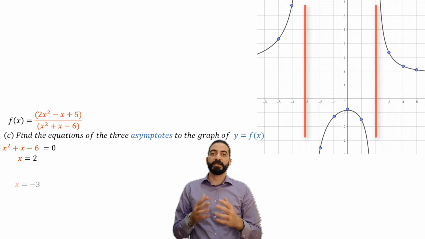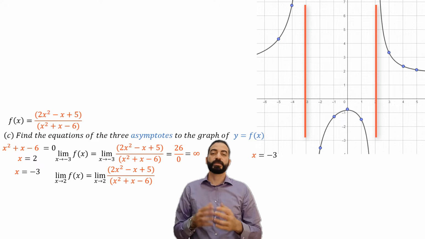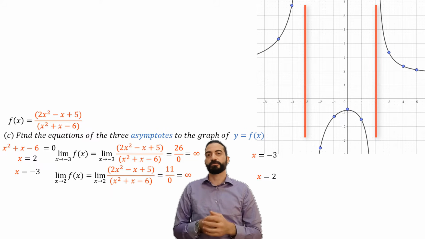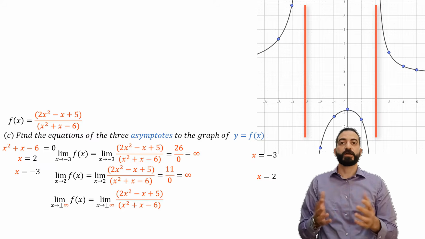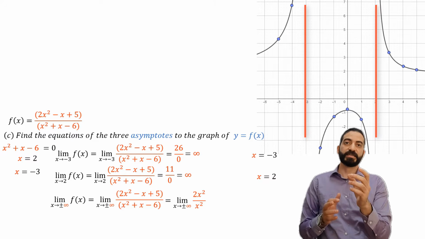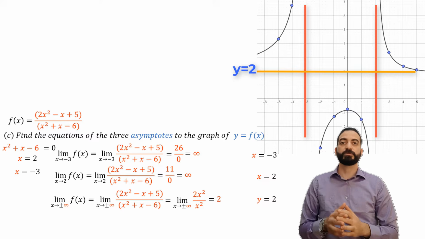When x equal minus 3, we get answer equal infinity, and when x equal 2, the answer equal infinity. So this means that x equal minus 3 and x equal 2 are vertical asymptotes. Now for the horizontal asymptote, x must tend to infinity, and we get the answer constant. So we get y equal that constant as the horizontal asymptote.